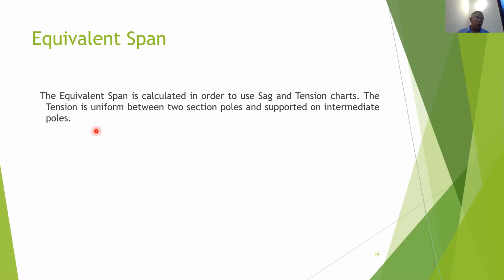Now, what I mean by a section: you have tension points on a line and you have suspension points on a line. From one tension point to the next tension point is a section. So in between, the tension is the same.